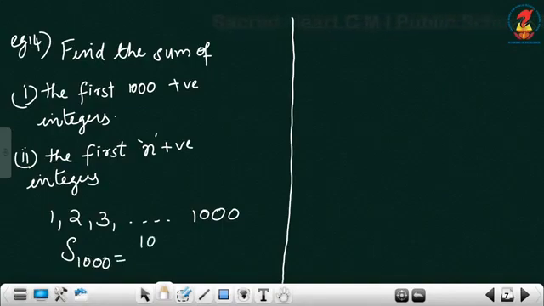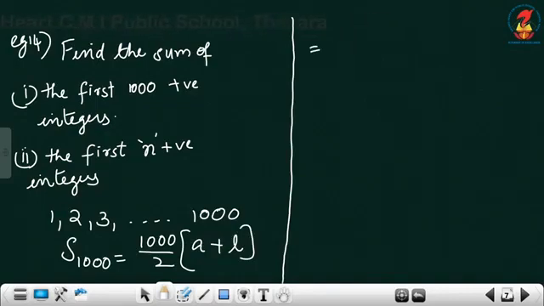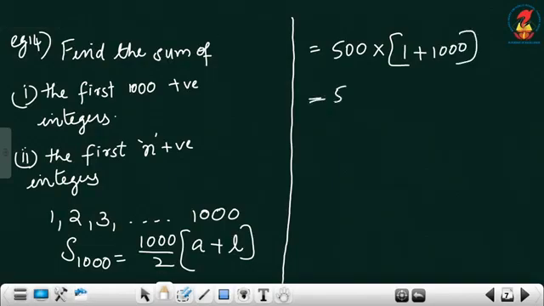It is equal to 1000 by 2 into first term plus last term, a plus l, which is equal to 500 into a is 1 and l is 1000. So it is equal to 500 into 1001, which is equal to 500500.